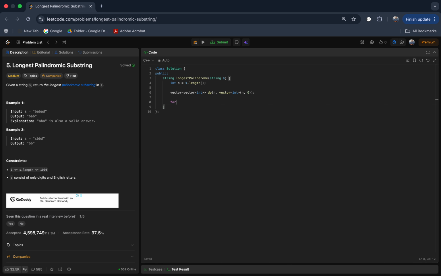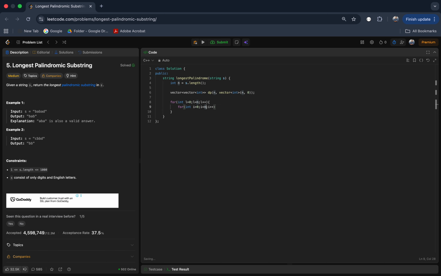And so we need to use the gap method and we need to go lengthwise. So I will put length equals 0, l less than n, l plus plus, and then we will traverse row wise. So i equals 0, i less than n, i plus plus.